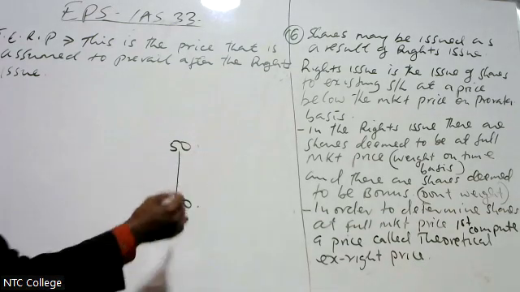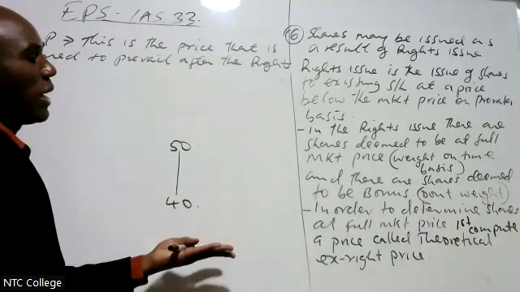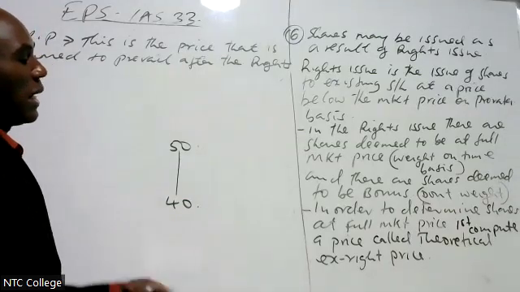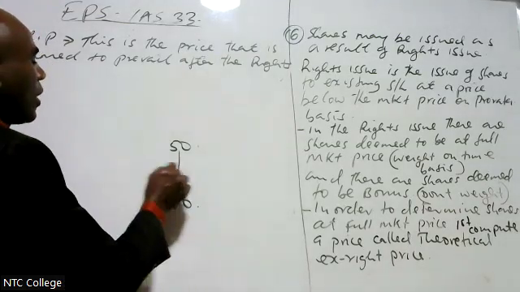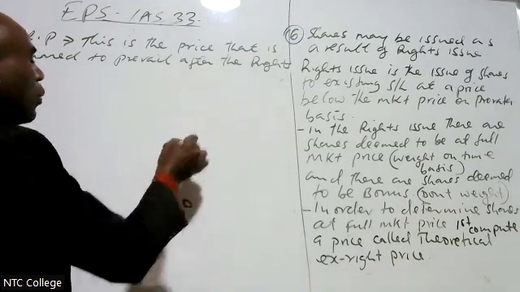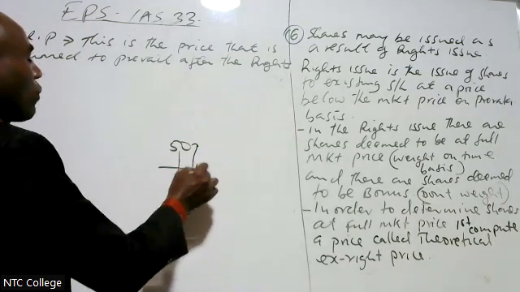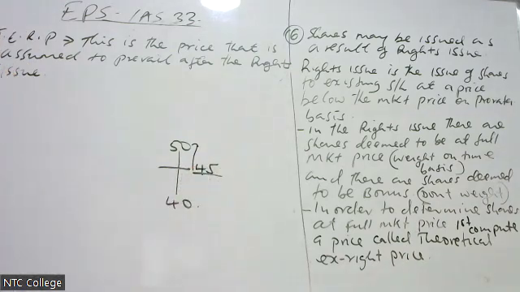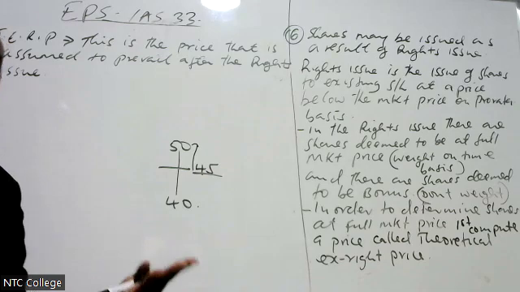Therefore, in theory, that's why we are saying theoretical X-right price. In theory, we assume that this 40 will pull this market price down, like to 45. It will pull that price down in theory, but in practice, it might not happen.